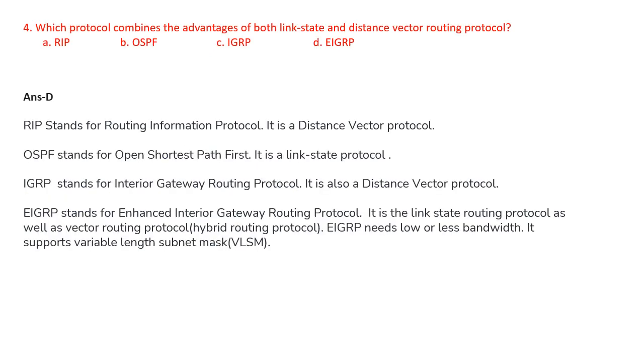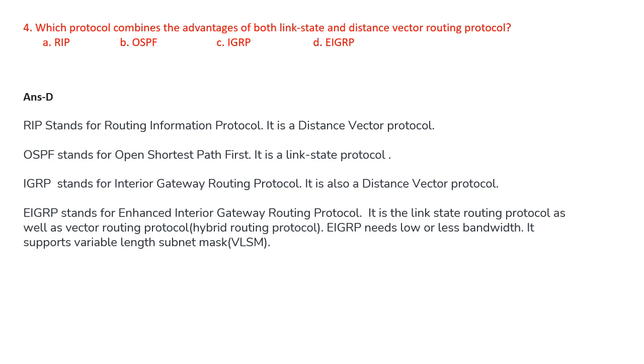The fourth question is, which protocol combines the advantage of both link state and distance vector routing protocol? So the answer will be EIGRP. We will go one by one. What are RIP, OSPF, IGRP and EIGRP, and what protocol type is each using?